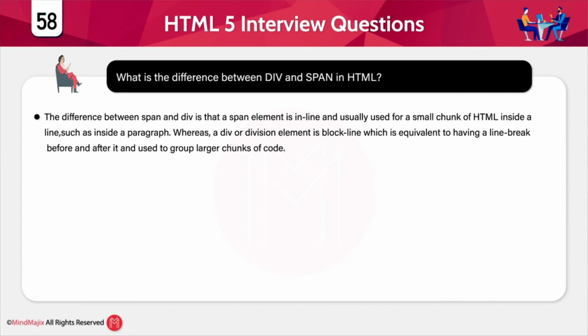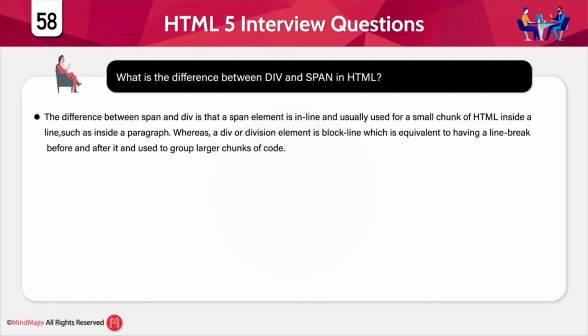For example, in the sentence "this is a paragraph", I want to color "is" green. In such a case, we use span. If you want to apply a style to inline text, we use the span tag. If I want to apply a style to a group of sentences or a group of paragraphs, we use the div tag.